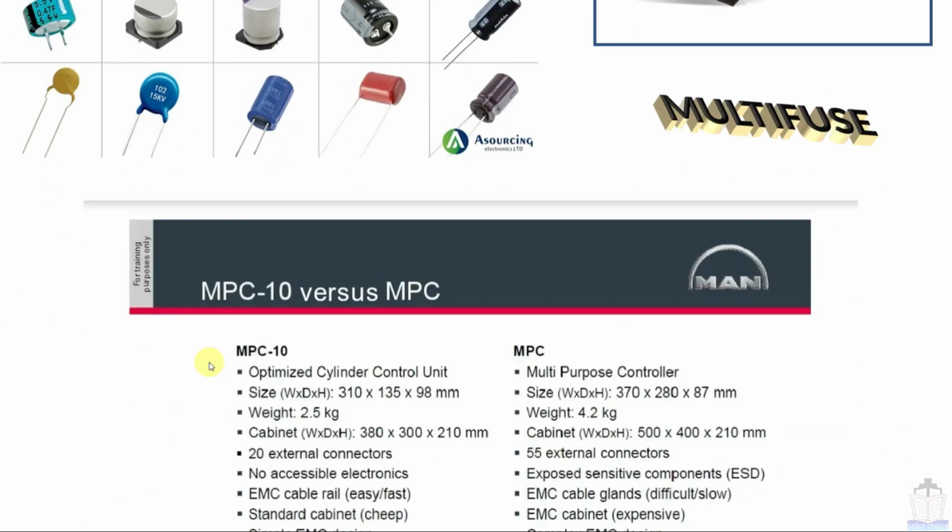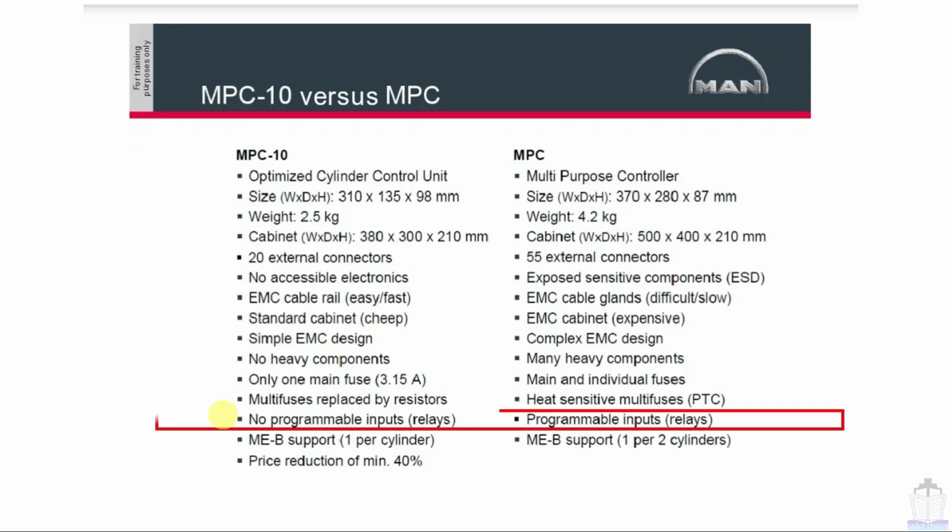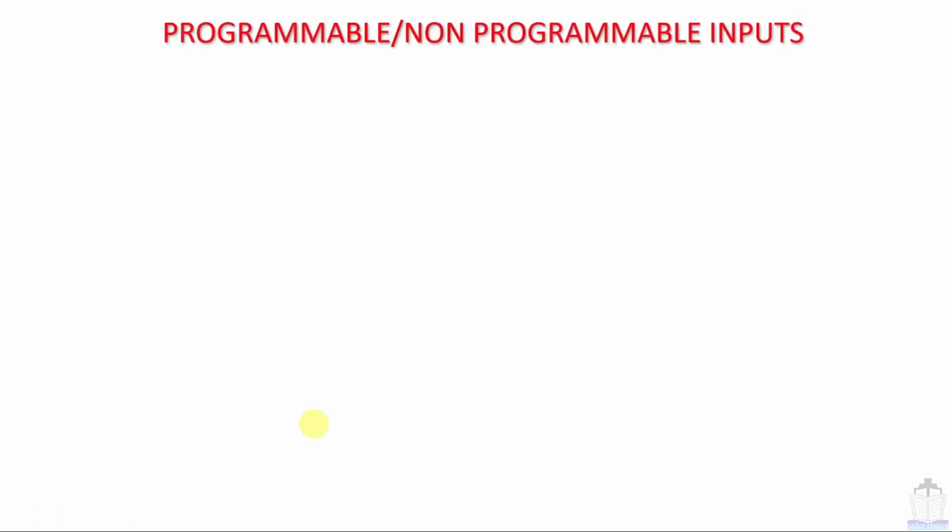Now moving to the next, this MPC 10 has no programmable inputs, and in MPC a lot of programmable inputs are there. Now the question is, what is a programmable input and what is a non-programmable input? In order to understand that, we are going to the next topic.